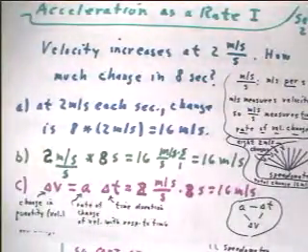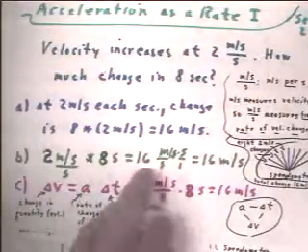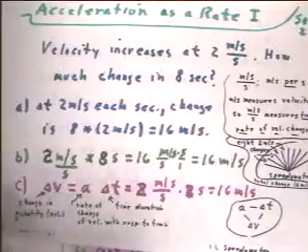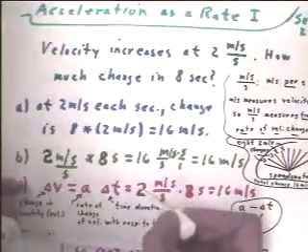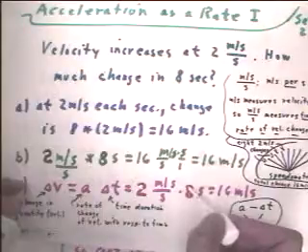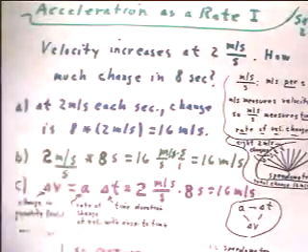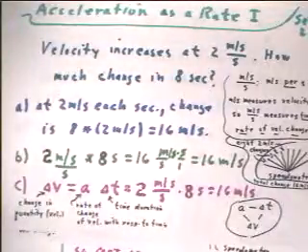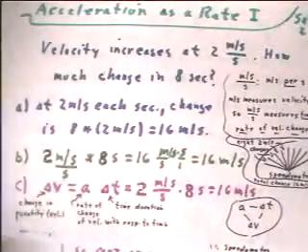So we get, in any case, the same calculation we had up here with the same units, or at least the same calculation we should have had up there in the first place. And we see that we have a change of 16 meters per second.